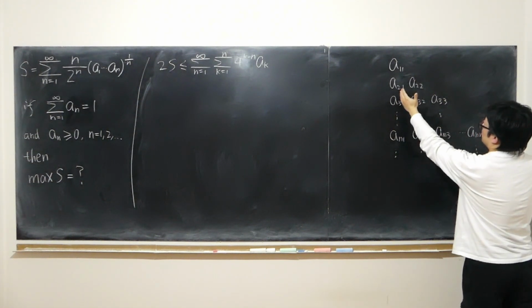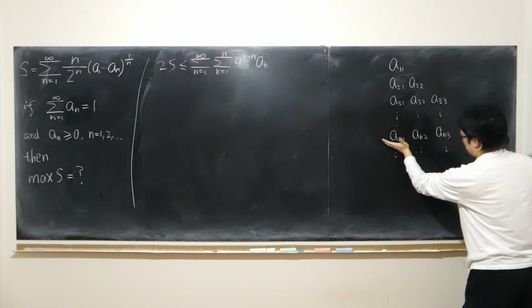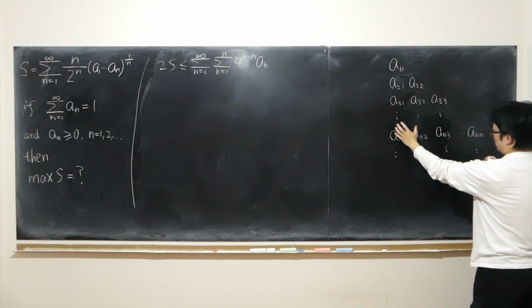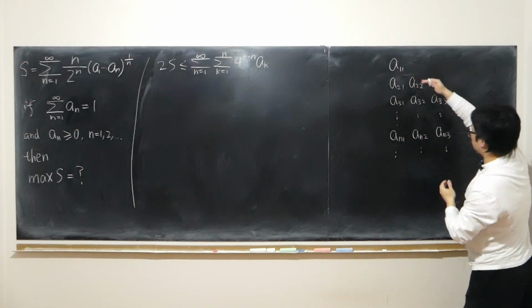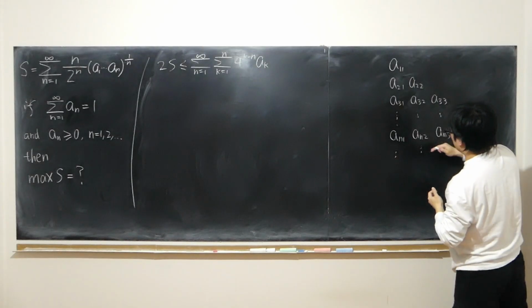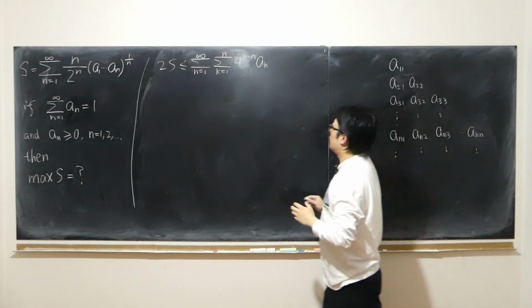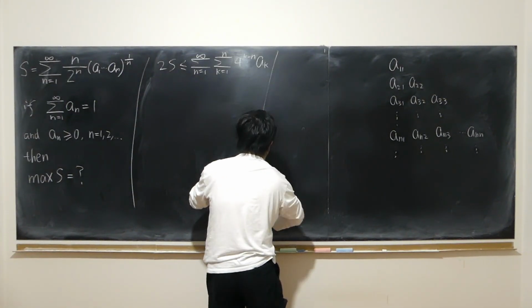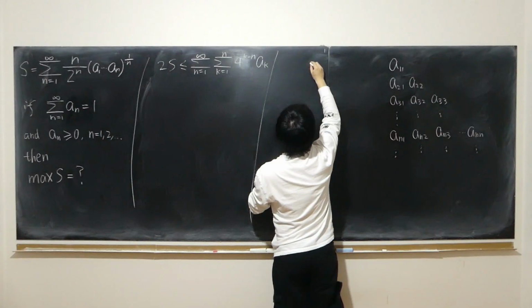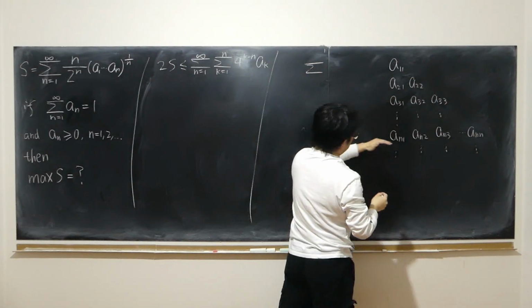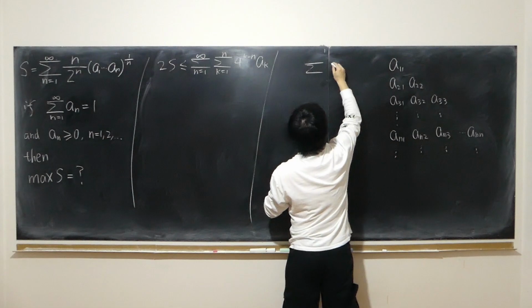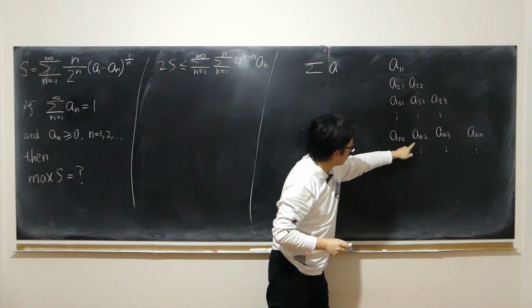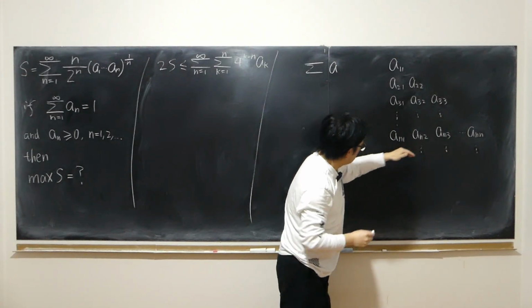So one way is to fix a row. Fix the row n. We sum all those terms. Then we sum another row. Then we add up all the rows. That's one way of doing it. So way number one: first, like I said, row n, and k is changing. K from 1, 2, 3 all the way up to n.